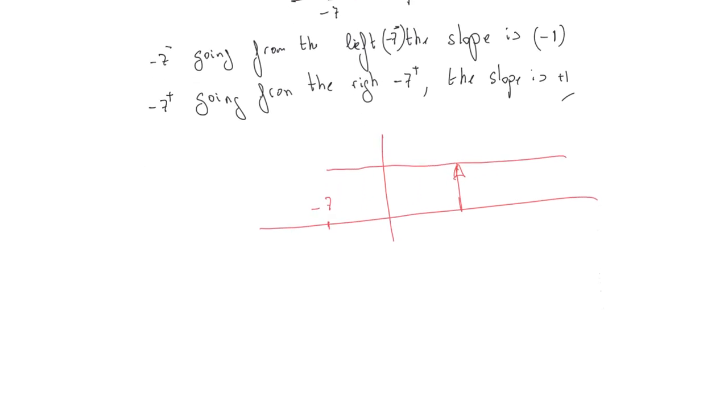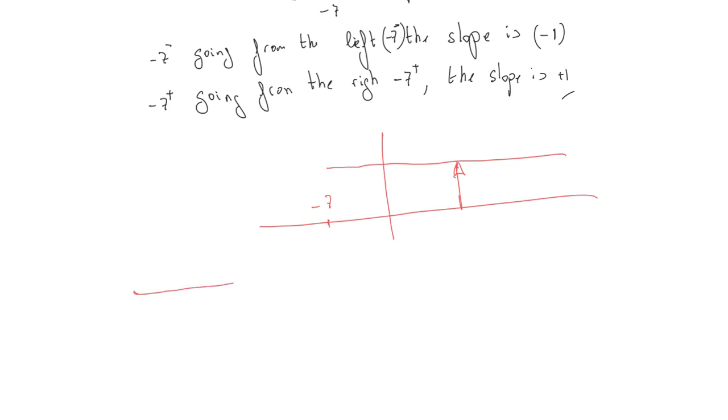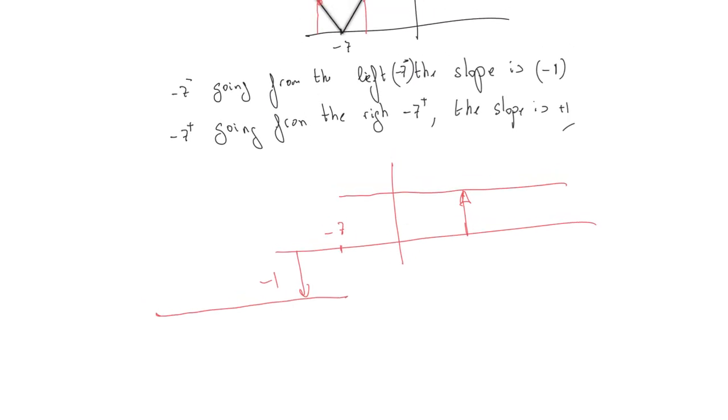At the left of 7, the slope is minus 1. And what happened at 7? At 7 the derivative doesn't exist, because the limit when you go to the right is plus 1.